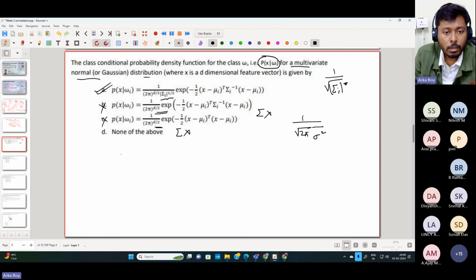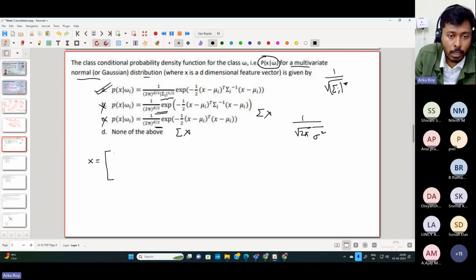Let me give you the background idea. Because you are dealing with the multivariate case, not the univariate case, let us consider you are extracting 2 features from a group of people: gender and their profession.